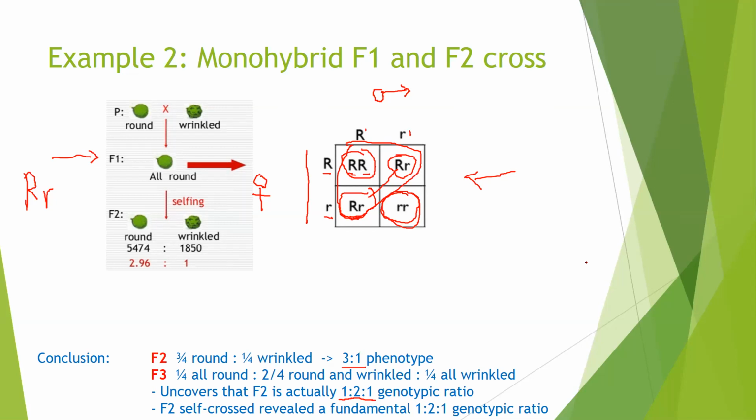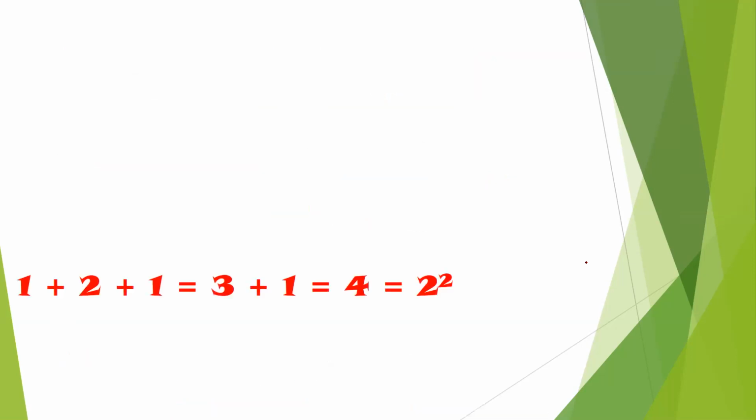So this monohybrid cross can give you a ratio like this, right? As I mentioned, we have a ratio of 1 to 2 to 1. This is the genotypic ratio from the monohybrid cross. And the phenotype ratio gives you the 3:1 ratio. And these two ratios are both related to a magic number here, 2. Why is that?